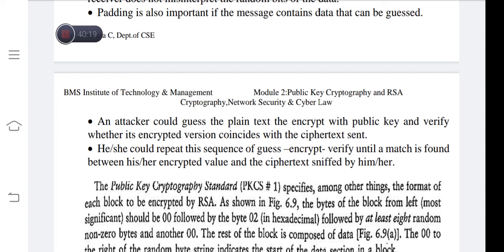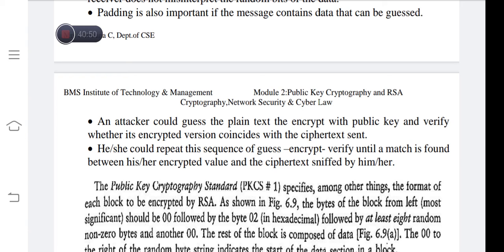That is, here an attacker could guess the plain text, encrypt it with the public key, and verify whether its encrypted version coincides with the ciphertext which is sent. That is, the comparison will be done between the computed value and the ciphertext sent by the sender.